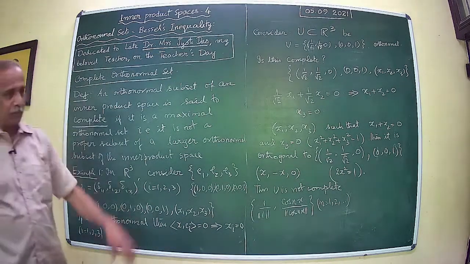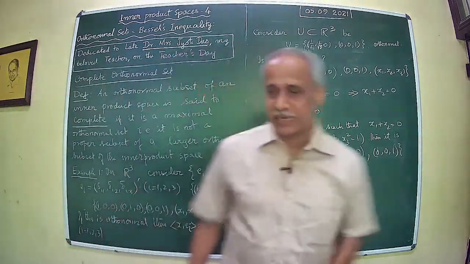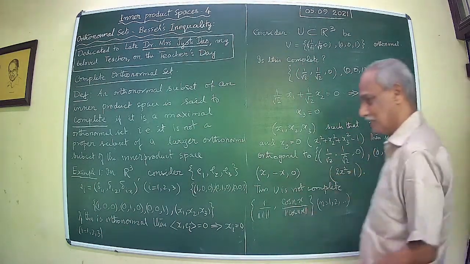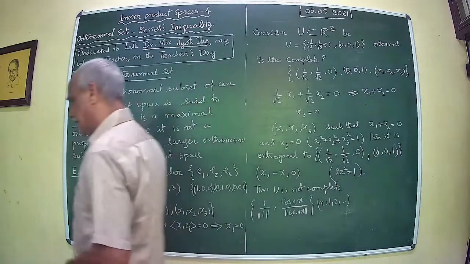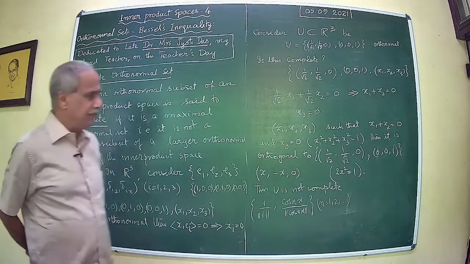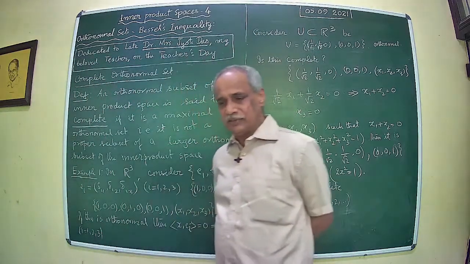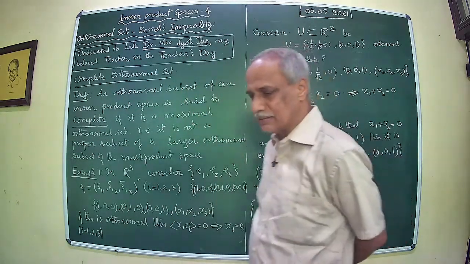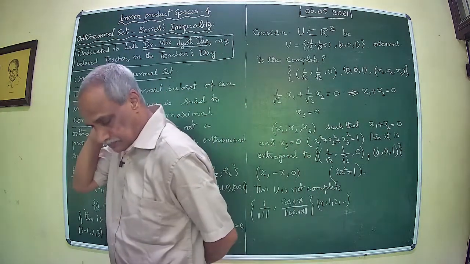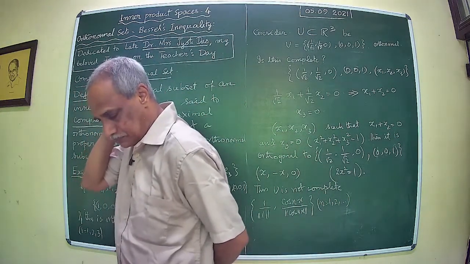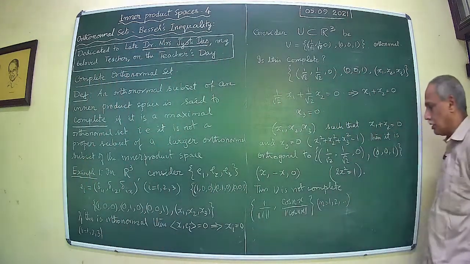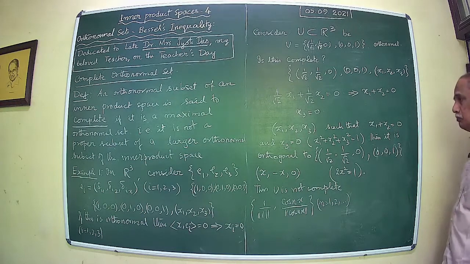Certainly this is not complete because you can bring in all those sin nx divided by norm of sin nx into this, and it's a larger set which is orthonormal. I think these examples are sufficient to give you a feel for the problem.